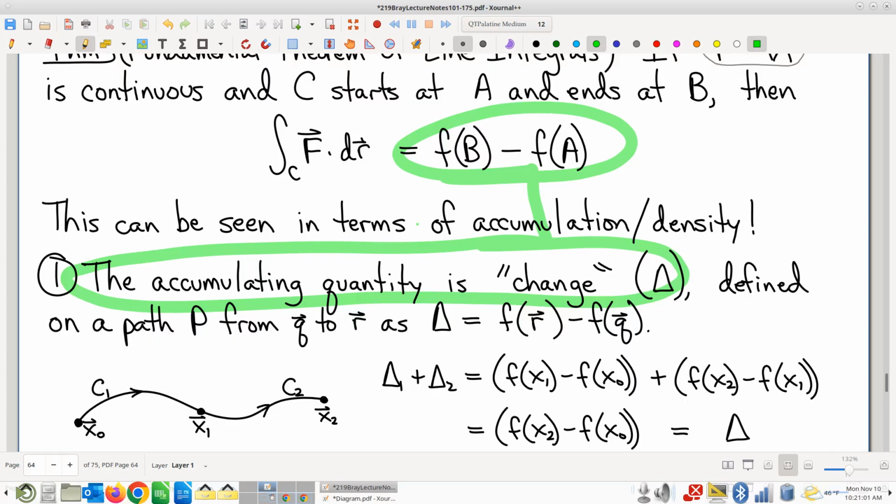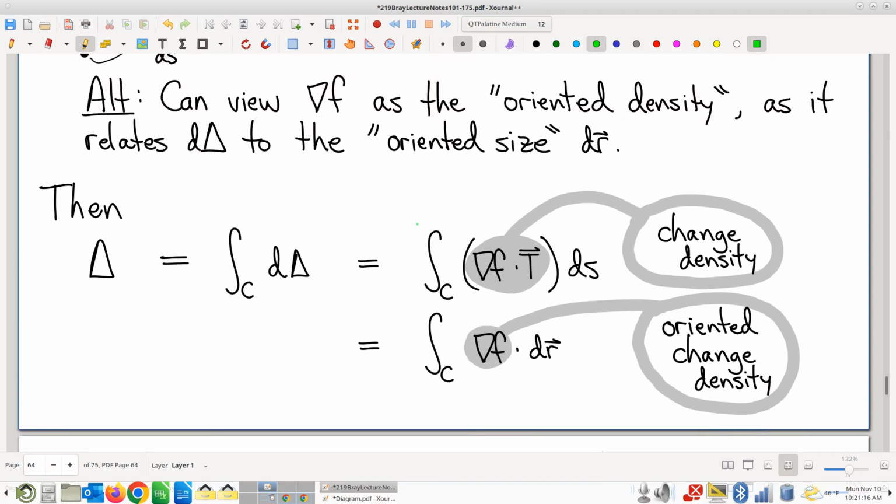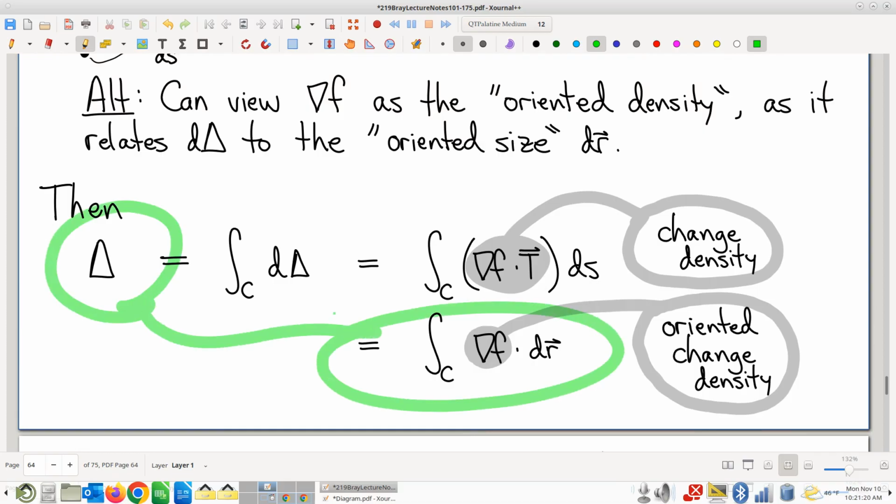When you have an accumulating quantity, it behaves kind of like a stuff in a manner of speaking, and you can talk about its associated density, and you can compute it, therefore, by integrating that density. And taking that point of view, we gave a motivation for the theorem that change f of b minus f of a is, as it turns out in this case, a vector line integral of the gradient of the function whose change you're interested in.